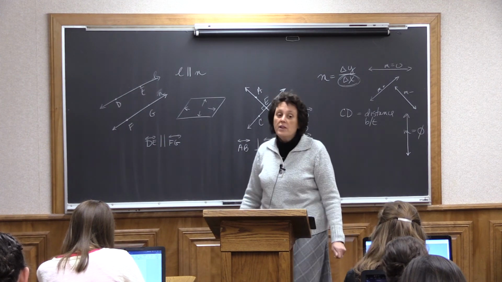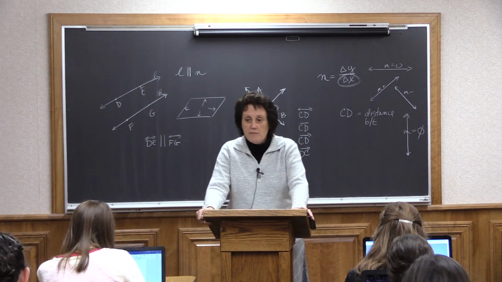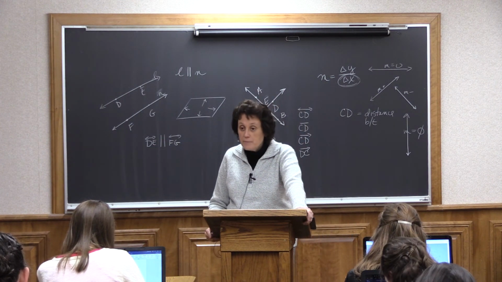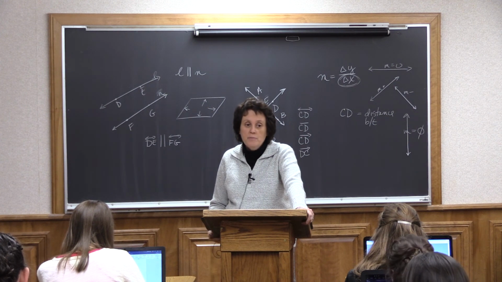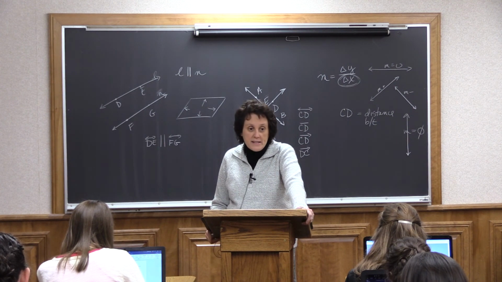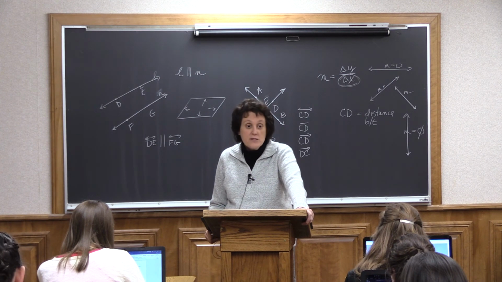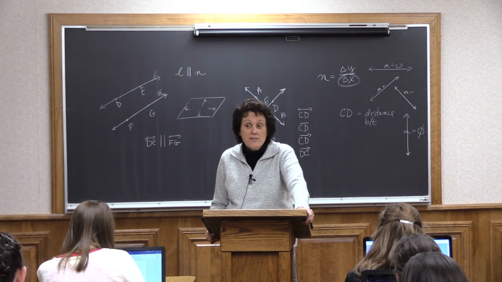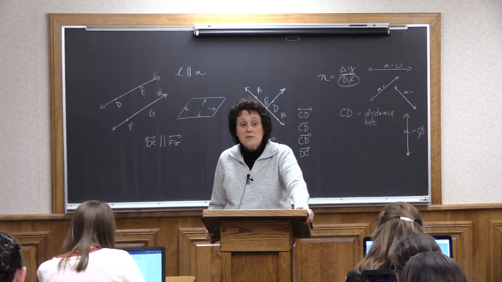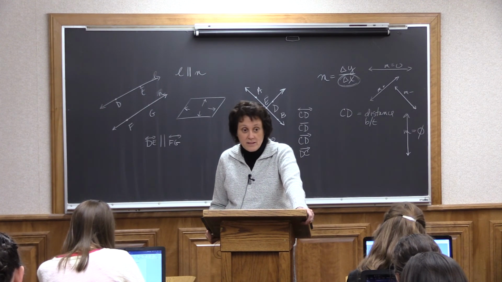Don't assume, especially the idea of parallel and perpendicular. Don't assume correspondence. Don't assume anything. Don't assume that something's a square. Even if it looks like a square, you have to be told that it's a square.